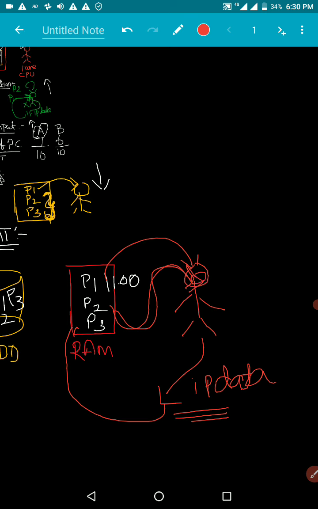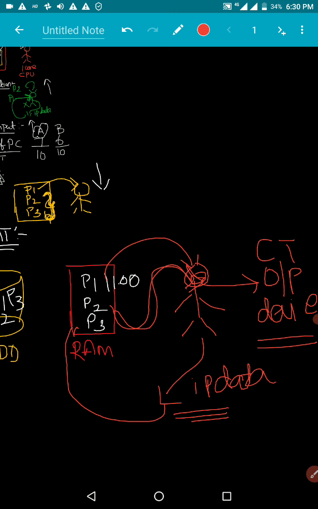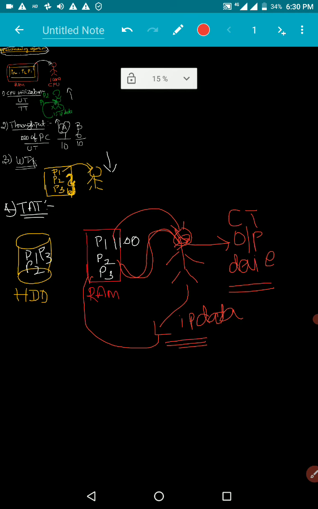Then the process goes to the output devices and is successfully terminated. This is called completion time. Whenever a process arrives from hard disk to RAM, that is called arrival time.